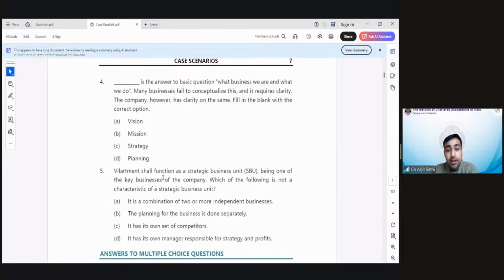Okay. Development shall function as a strategic business unit, being one of the key businesses of the business. Which of the following is not a characteristic of an SBU, my friend? A combination of 2 or more independent businesses. The planning for the business is done separately. It has its own set of competitors.